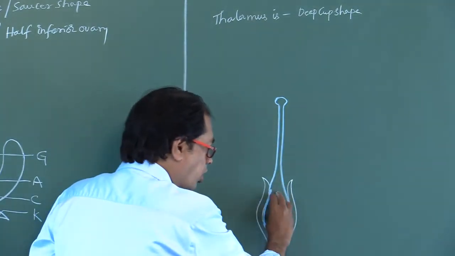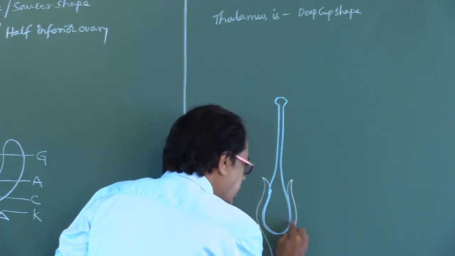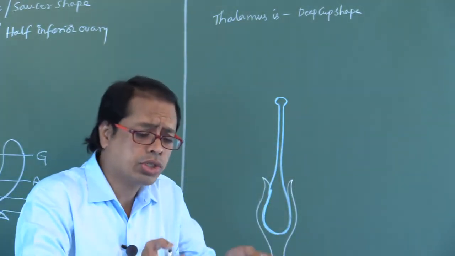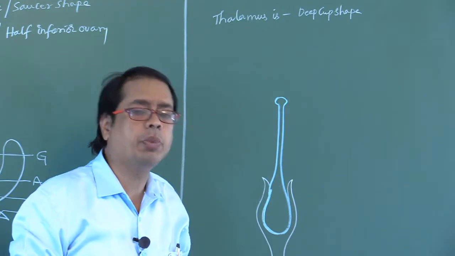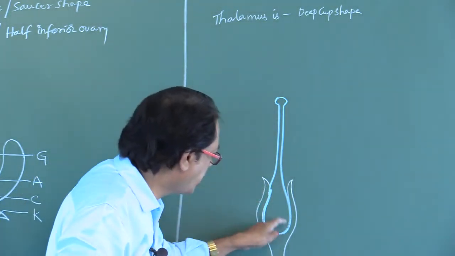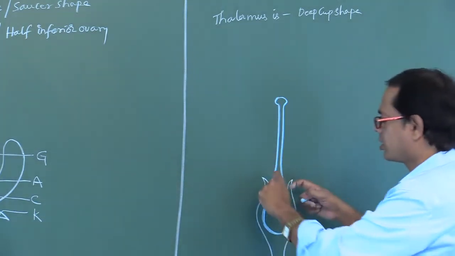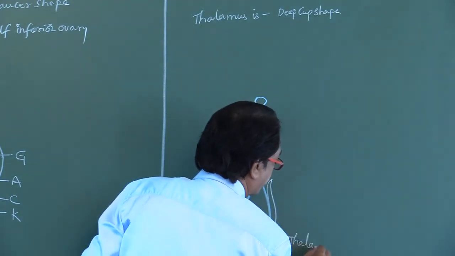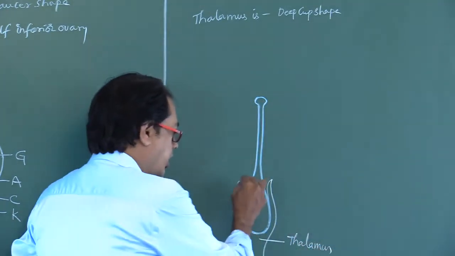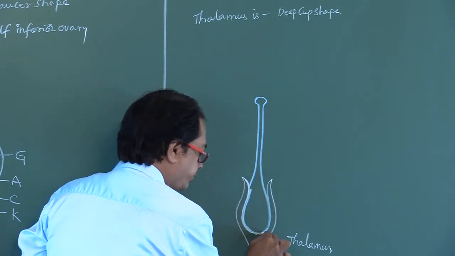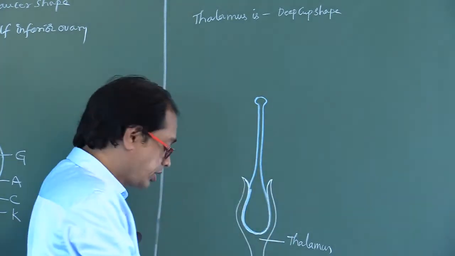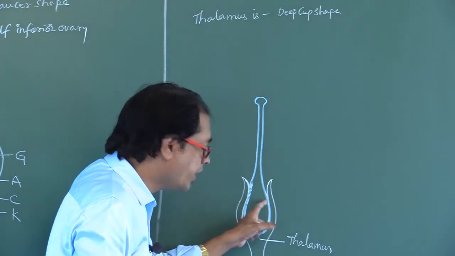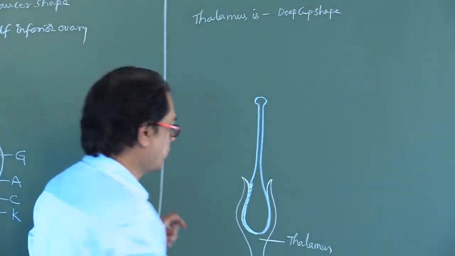So that means this is the ovary, the thalamus grows vertically upwards and encloses the ovary completely. So the thalamus shape is deep cup shape. This is the thalamus, and this is the thalamus wall. This is the ovary wall. Both ovary wall and thalamus wall are completely fused.